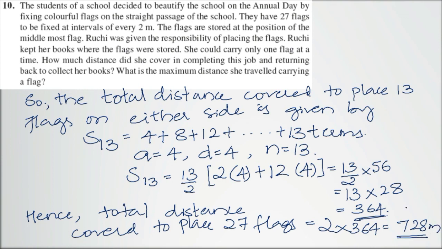It is in meters. So the maximum distance which she traveled to carry a flag will be the distance covered in fixing the first and the last flag, which will be 13 times of 2, 26 meters. This is the answer for the second sub question here.